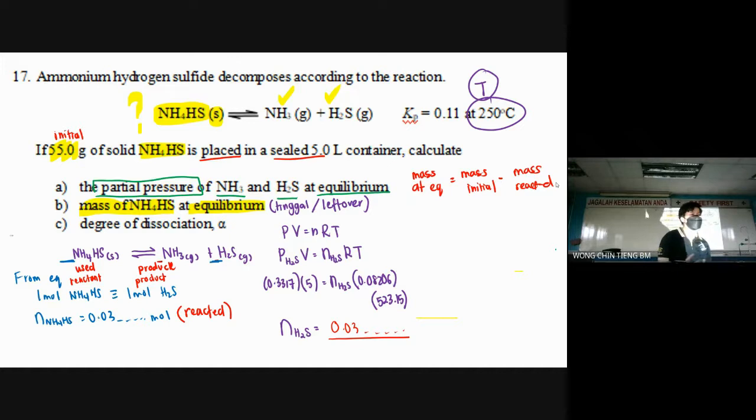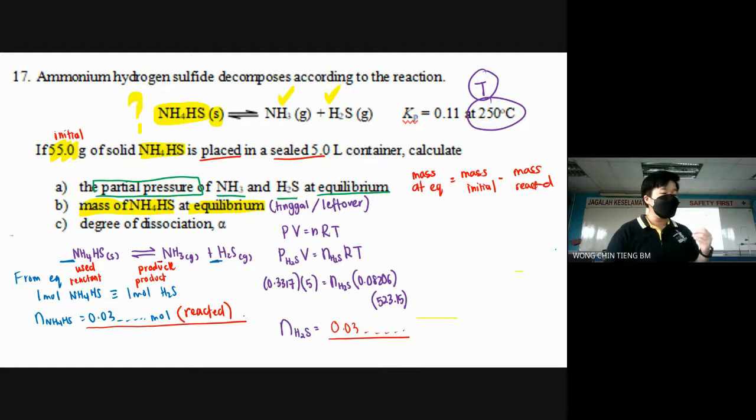If my final answer needs the number of mole, we use the number of mole, right? Okay, this is the important bit. So to find the mass at equilibrium, we need to change this mole reacted to the mass of NH4HS reacted. So by using the number of mole that you find, calculate with the molar mass.